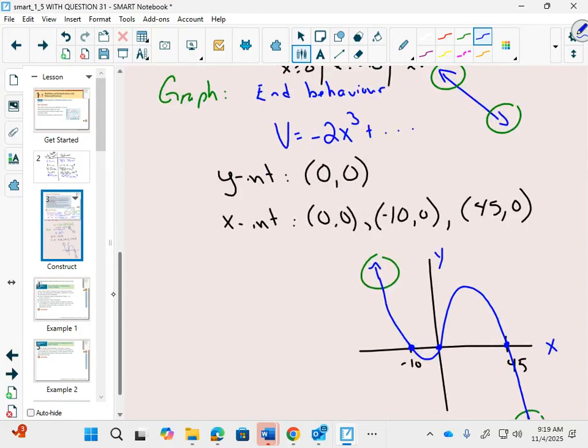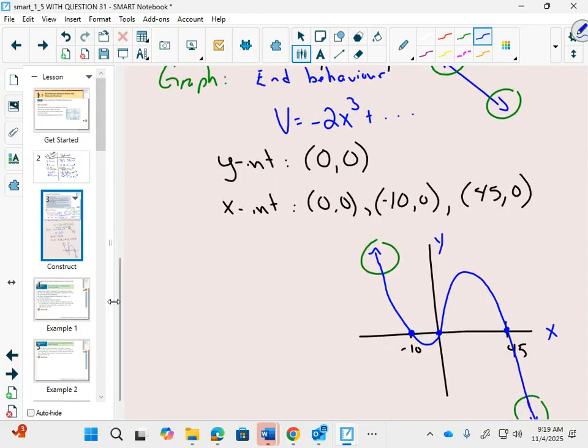Has anyone ever seen a suitcase with a negative height? No. Has anyone seen a suitcase with a negative volume? You put stuff in there, it just disappears. No. So in this situation, we have to also decide what's the only part that makes sense.